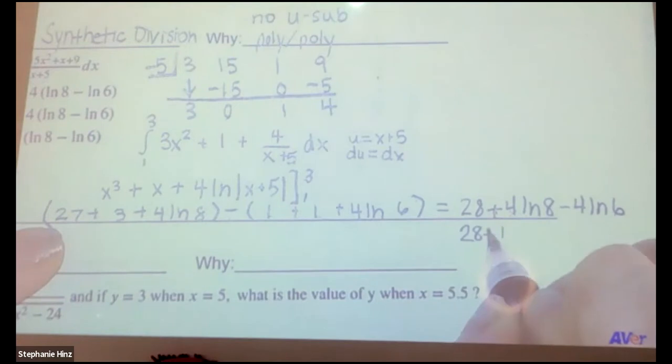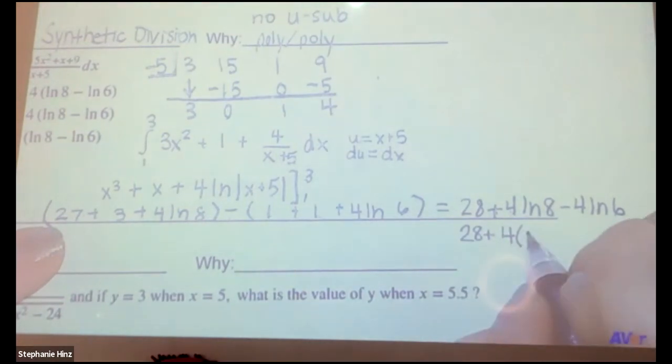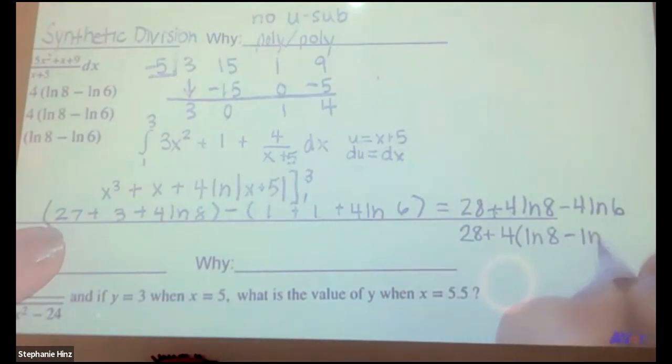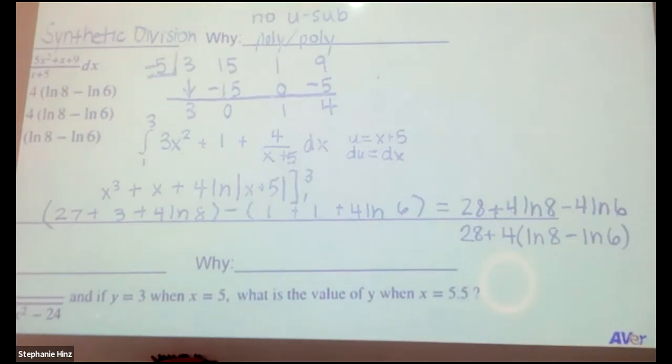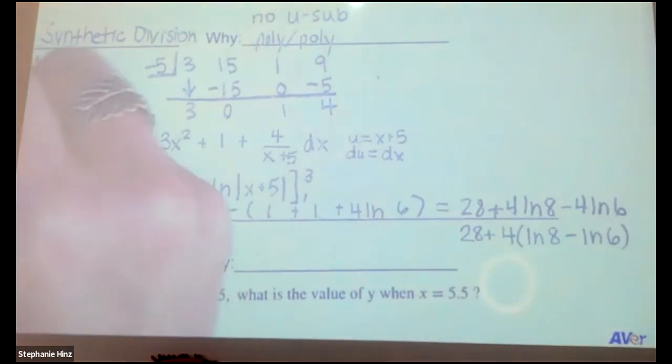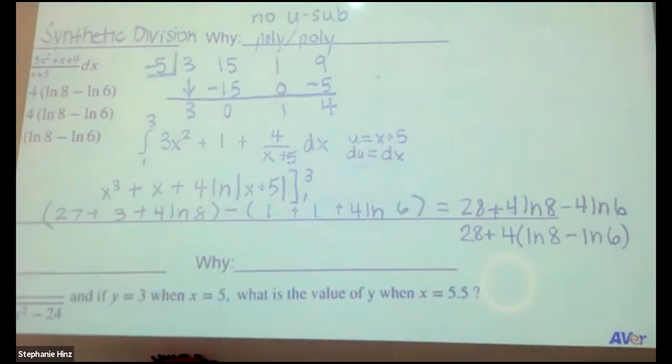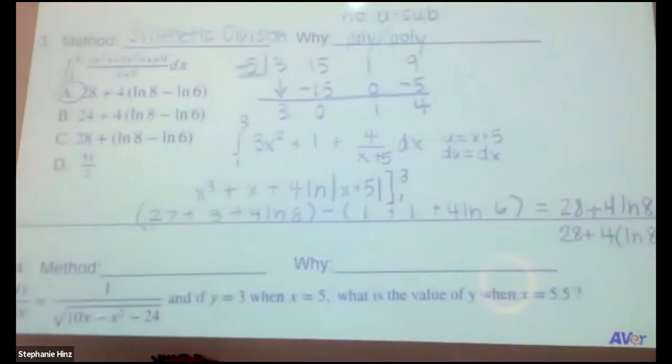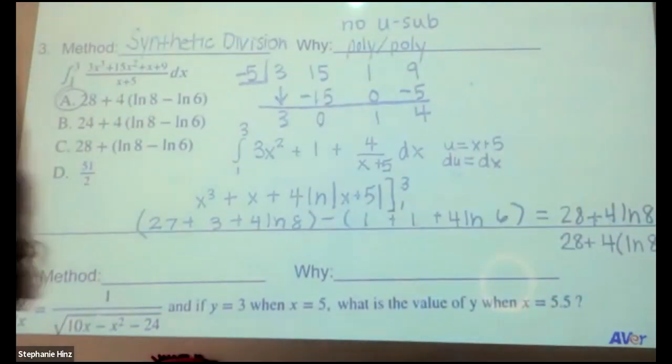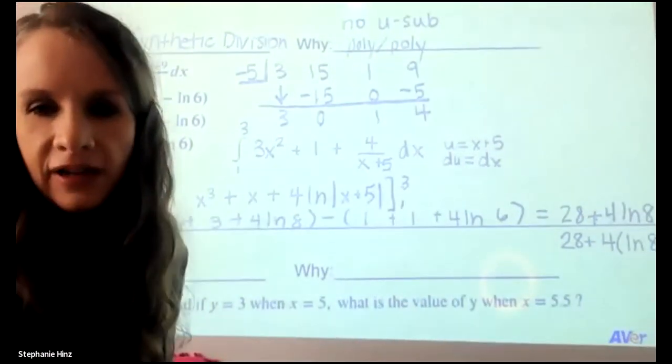So we factor out a +4. Sorry about that. Mistake number 1 of 3,000. Then we end up with natural log of 8 minus the natural log of 6. And that is choice letter, what is that, A? Okay. So fundamental theorem of calculus, there you go.